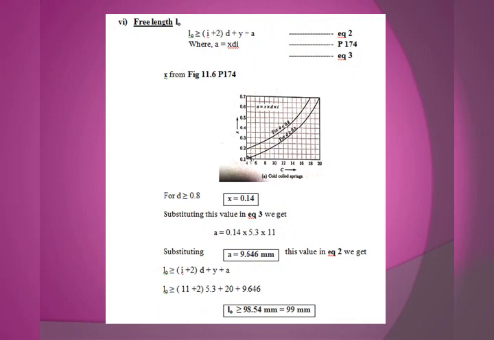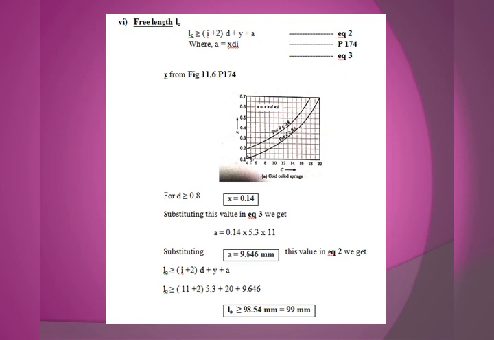After getting the number of active coils, the next unknown will be the free length L0, that can be obtained by using the equation L0 greater than or equal to i plus 2 into d plus y plus a, where a is equal to x into d into i. That is from page number 174. We'll call that equation number 3, because in that the value of x is unknown. Now to get the value x, we must refer to figure 11.6, page 174.